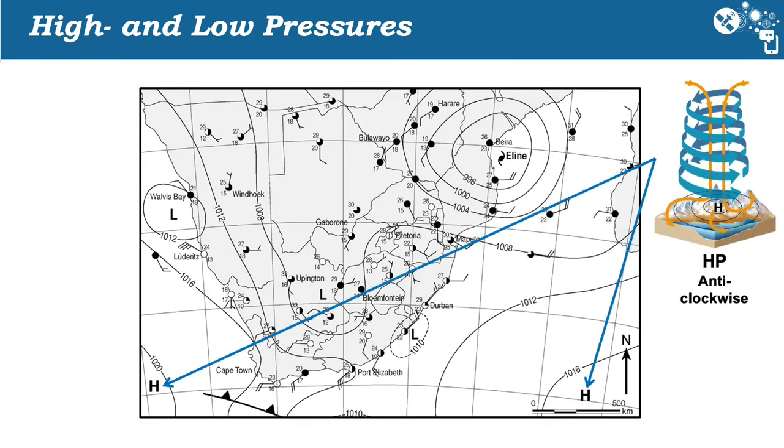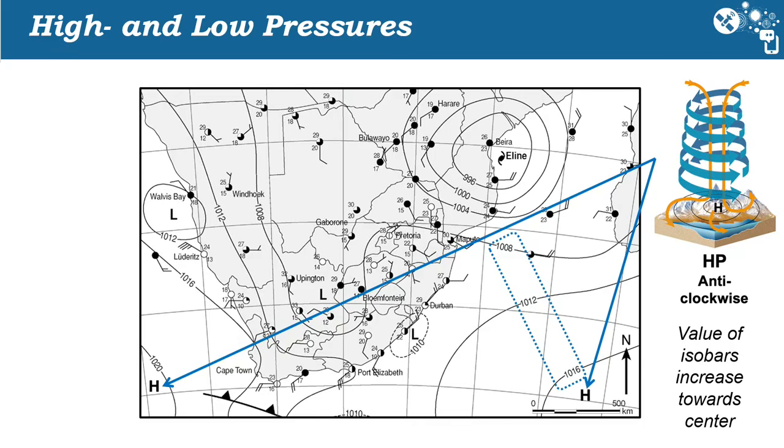Very simple. You must be able to identify a high pressure cell and know that in the southern hemisphere, look at the drawing of that cell. The air of that high pressure cell is busy sinking. It is moving down. Look at the blue arrows, circularly moving downwards in an anti-clockwise direction. Okay. Then the value of the isobars increase towards the center.